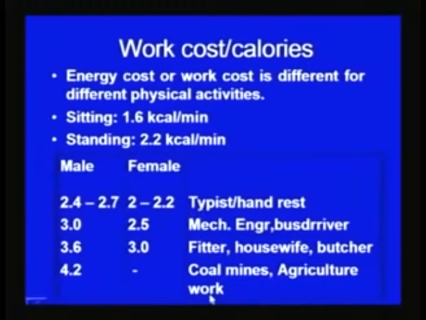Workers in coal mines and agricultural fields will be consuming energy at the rate of about 4.2 kilocalorie per minute. So, if the severity of the work increases, the energy consumption also increases, but depending upon the gender of the person, the male consumes more energy compared to female counterparts.